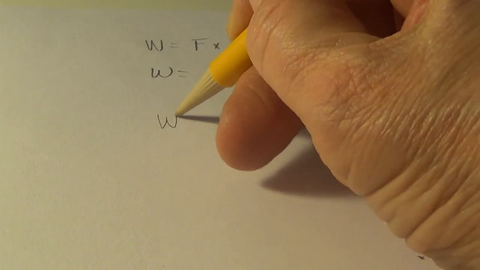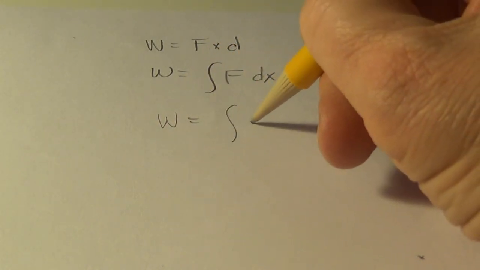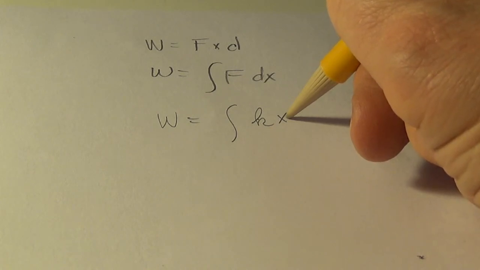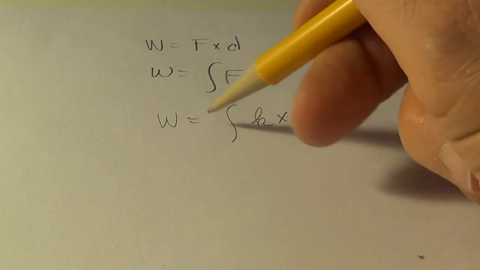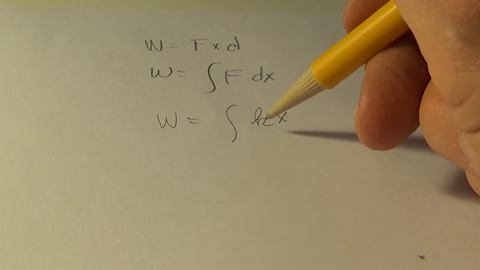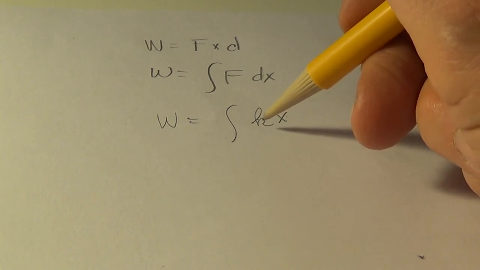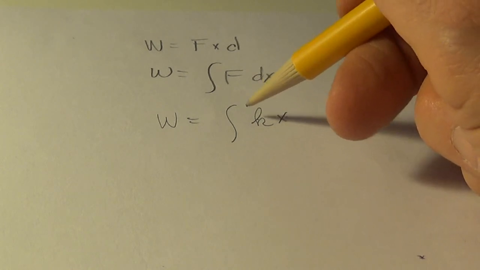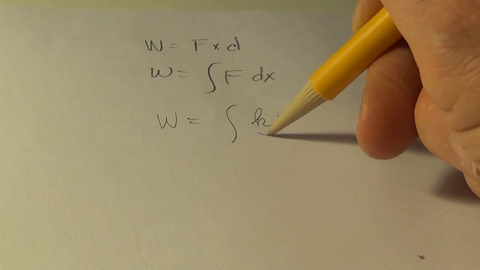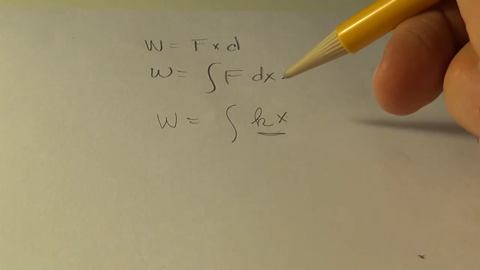So in this one, our force happens to be kx, spring constant times the distance moved. We'll be doing other types of forces, like the force of gravity, in other problems, but for today, we're just doing the force of a spring.